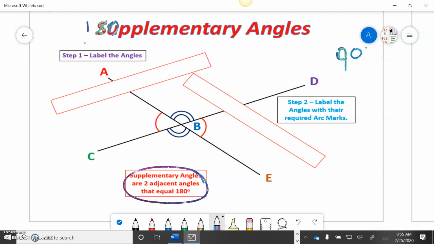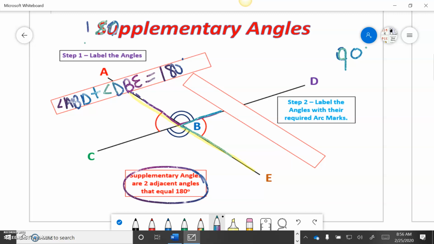We do in fact have a straight line right here, and that is made up of angle ABD and angle DBE. And they do in fact create a straight line, or 180 degrees.